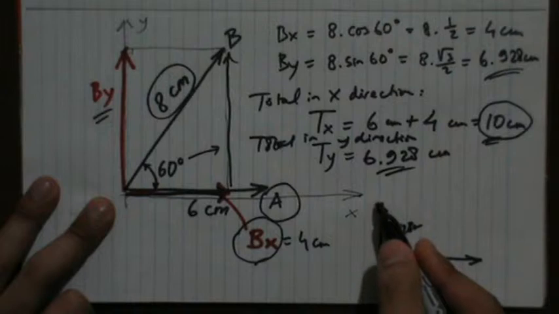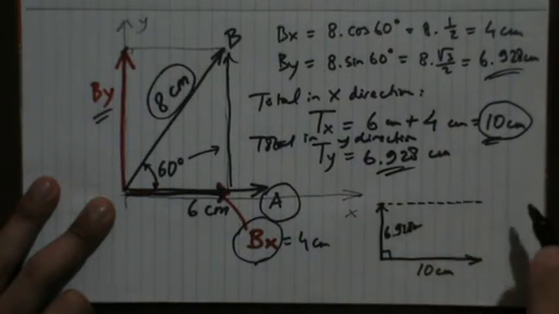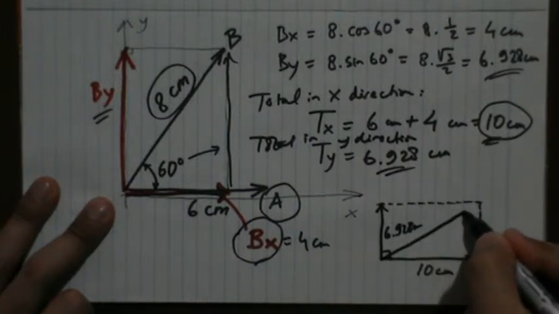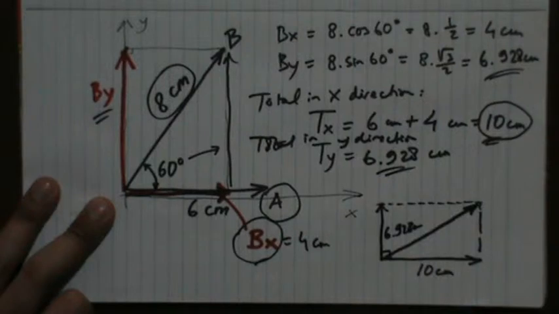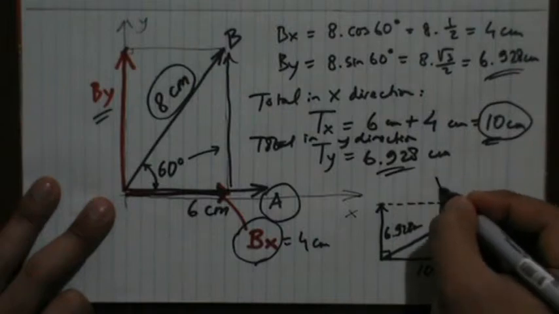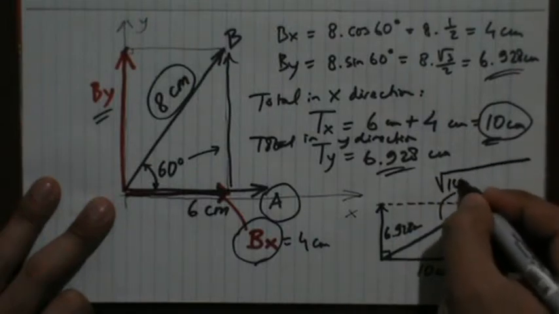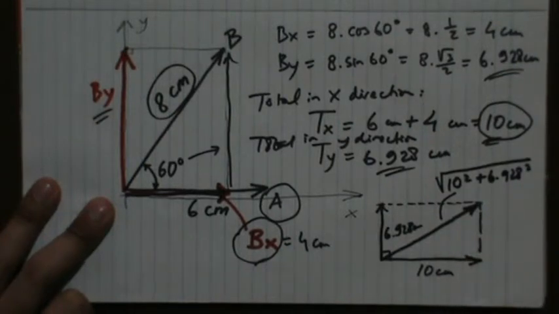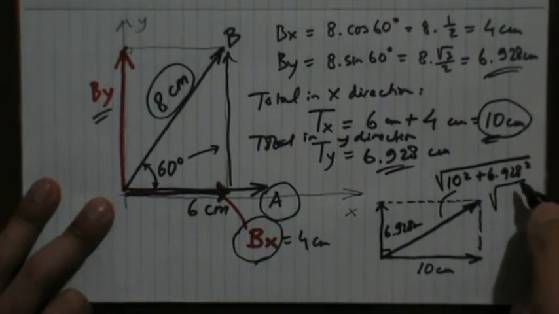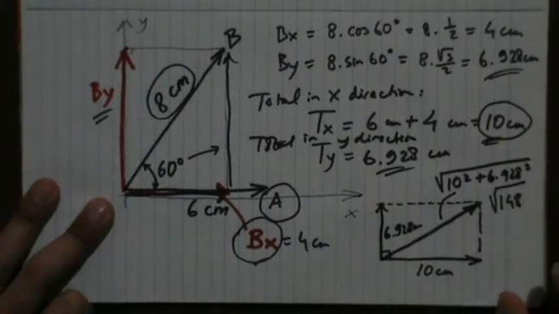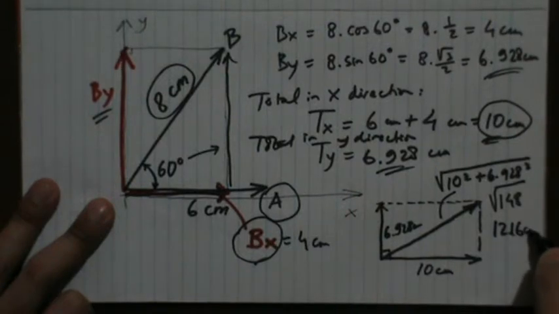So to get the total of these two vectors, we can see here, it's the diagonal, and since this is 90 degree, then the magnitude of this resultant is square root of 10 square plus 6.928 square, and we can get the value is square root of 148, or around 12.16 centimeter.